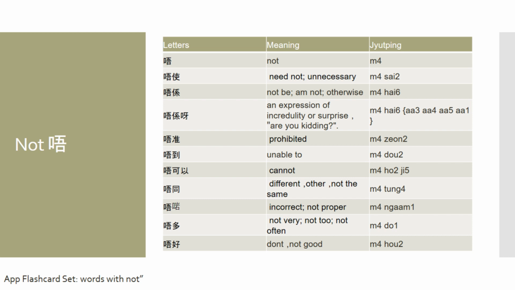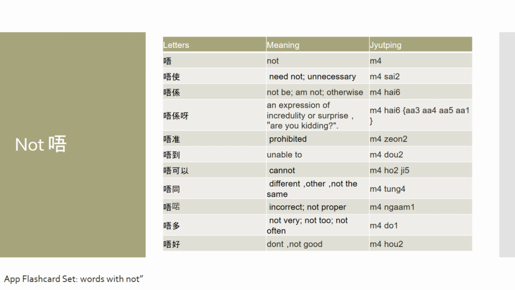If I want to say cannot in Cantonese, then I would say 唔可以. If I want to say different, then I would say 唔同. If I want to say incorrect or not proper in Cantonese, then it would be 唔啱.